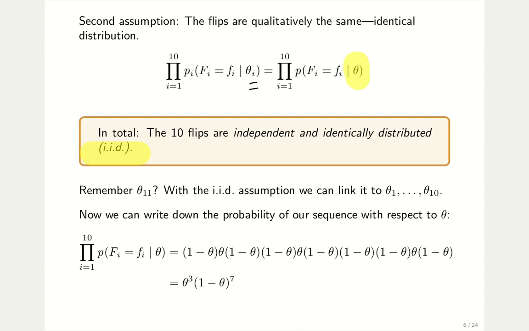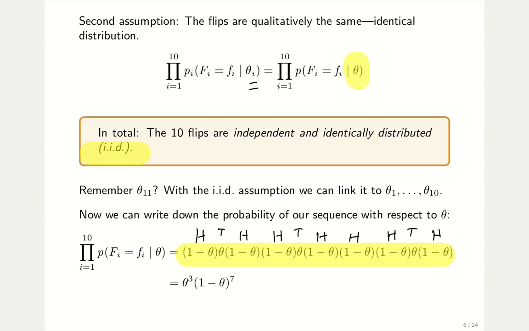So because we had this sequence of heads, tails, 2 heads, tails, 3 heads, tails, and another heads, that was the sequence that we observed, we get this likelihood. So 1 minus theta is the likelihood of heads, and theta is the likelihood of tails.